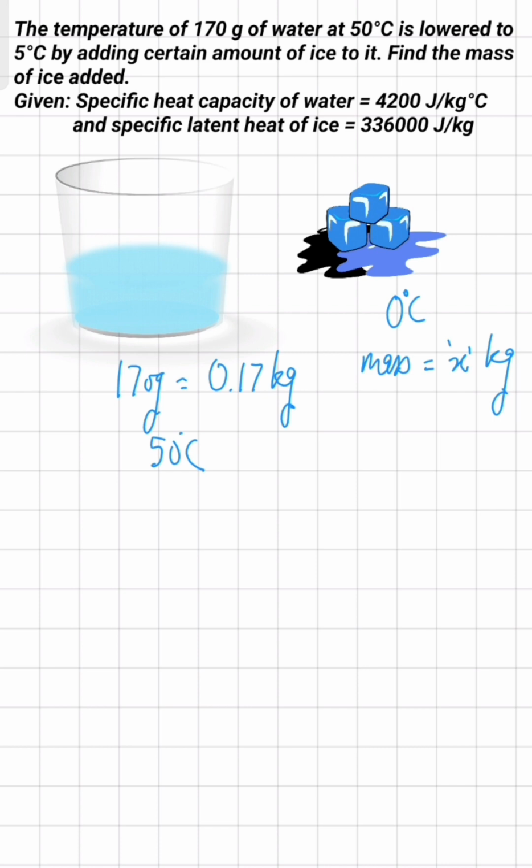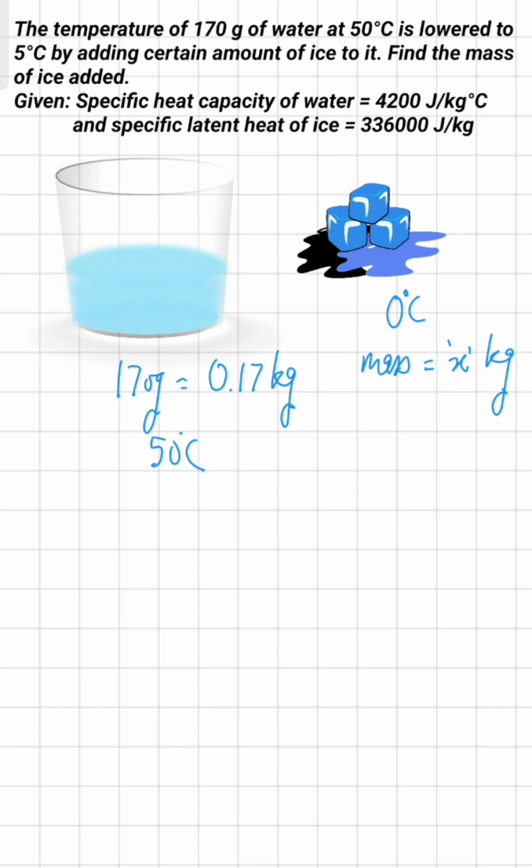Whenever two substances are kept in contact, the body which is at high temperature loses heat energy, and the body which is at lower temperature gains heat energy. So ice is going to gain heat energy, and water is going to lose heat energy.